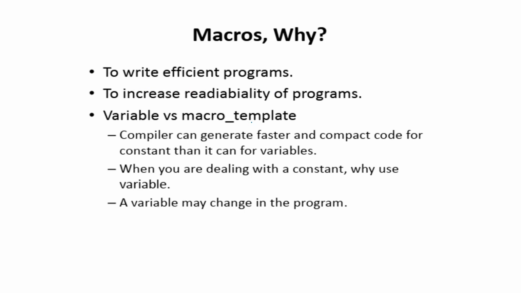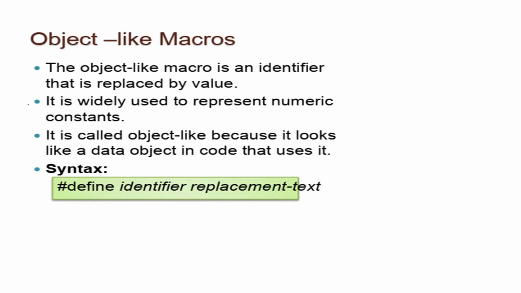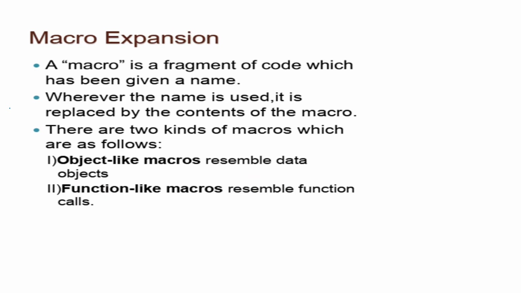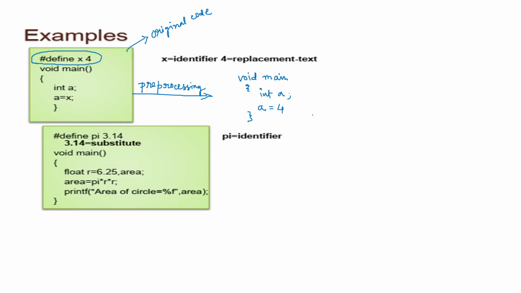This is what is told in this second point: whenever the name is used, it is replaced by the content of the macro. So wherever the name x has been used in the program, it will be replaced by 4.